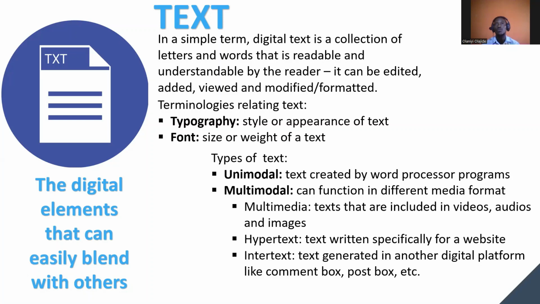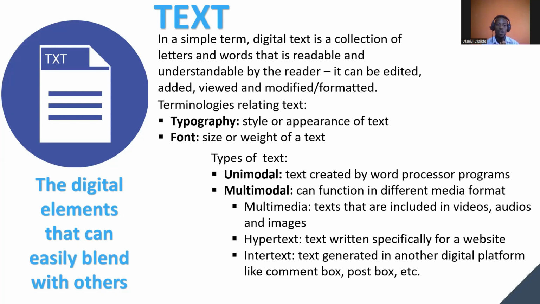You play some audio, and then you see the text going, maybe some lyrics or what have you. And then in images also, you see text on the image. So that's why we said text is a digital element that can easily blend with other digital elements, audios, videos, images, and a host of others.